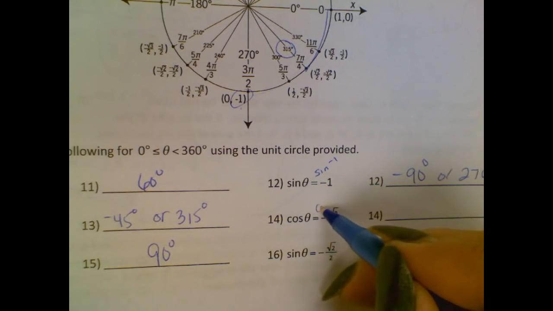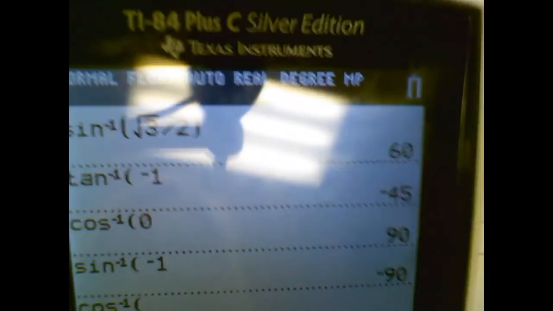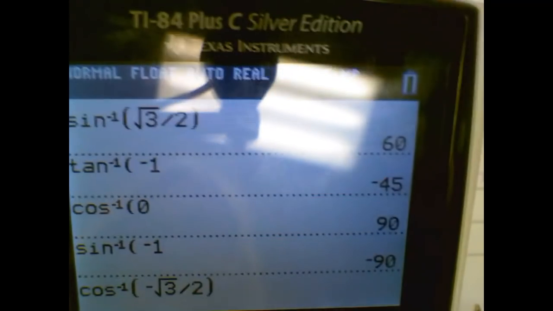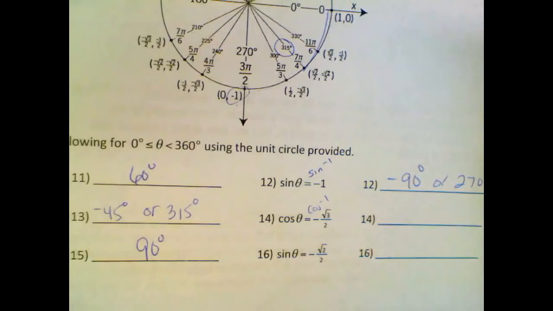And this one, do arc cosine of negative radical 3/2. So do second cosine of negative square root of 3, right arrow, divided by 2, for 150.